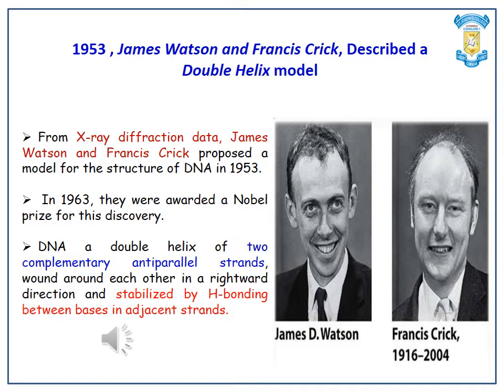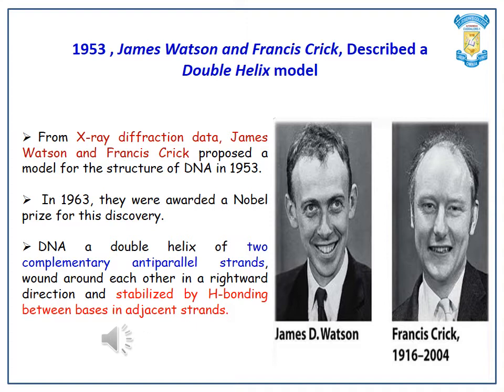In 1953, James Watson and Francis Crick described a double helix model. From X-ray diffraction data, James Watson and Francis Crick proposed a model for the structure of DNA in 1953.